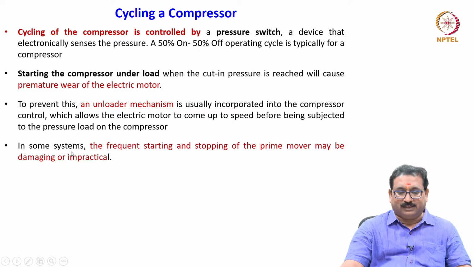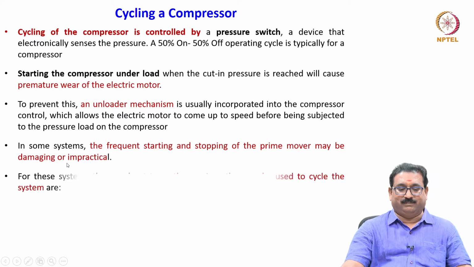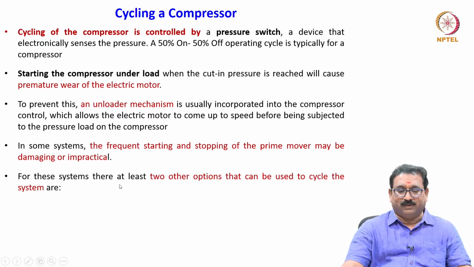In some systems, the frequent starting and stopping of the prime mover may be damaging or impractical. For these systems, there are at least two other options that can be used to cycle the system.